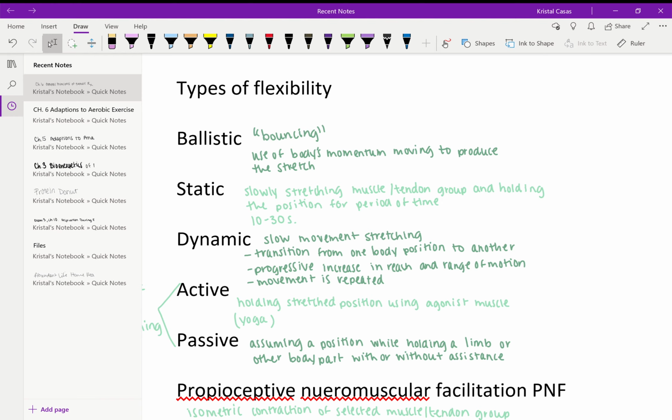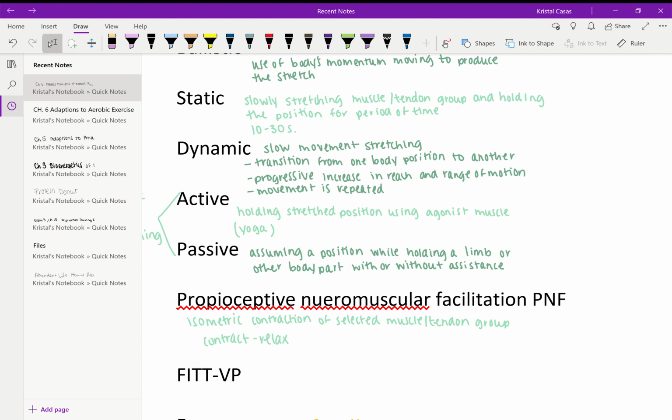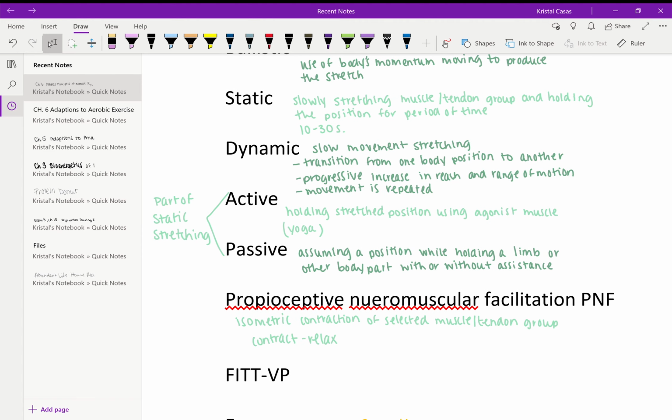You're using the momentum of your body to produce the stretch. Then we have static, slow stretching of a muscle tendon group, and you hold the position 10 to 30 seconds. We have dynamic, a slow movement of stretching as well, and it's a transition from one body position to another, kind of a side to side type of stretch.